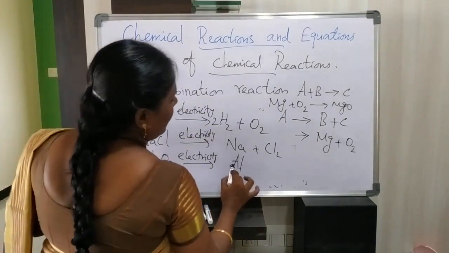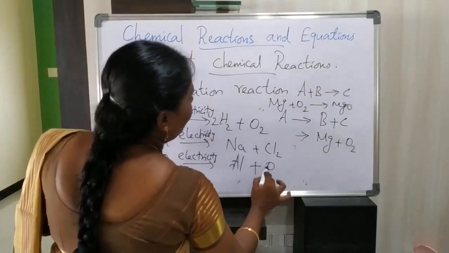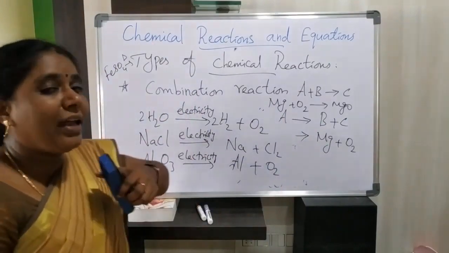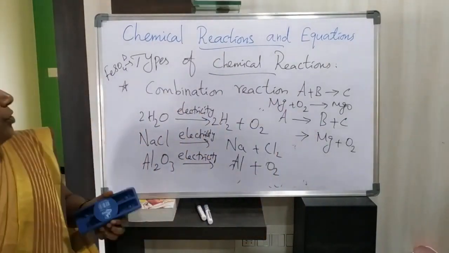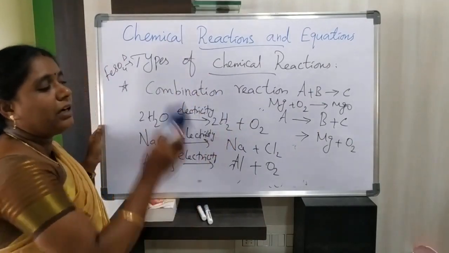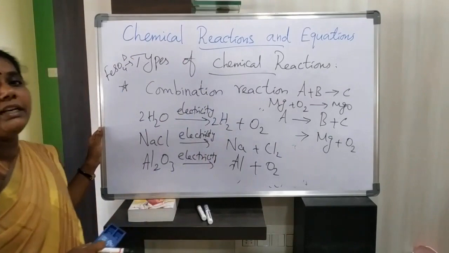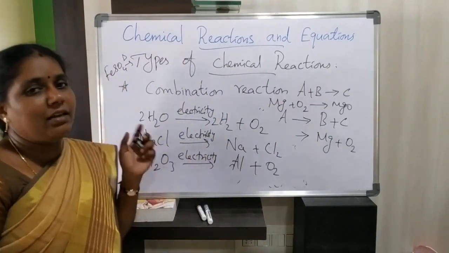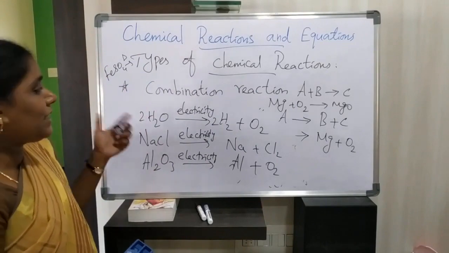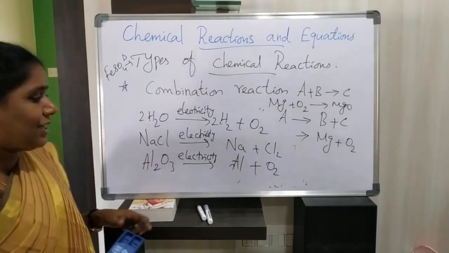We will get aluminum and oxygen. See, likewise, we have discussed the decomposition reaction that takes place with electricity, called electrical decomposition reaction or electrolysis reaction. Okay, so these decomposition reactions and combination reactions we have discussed.